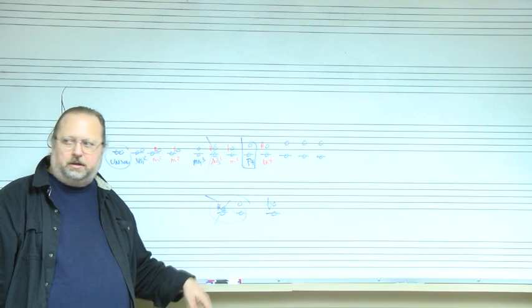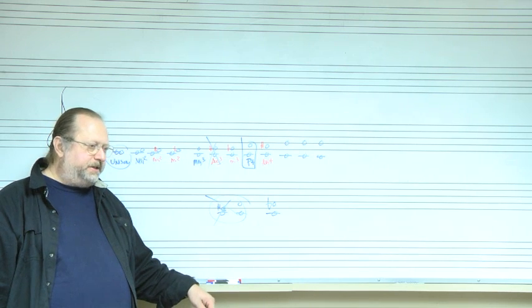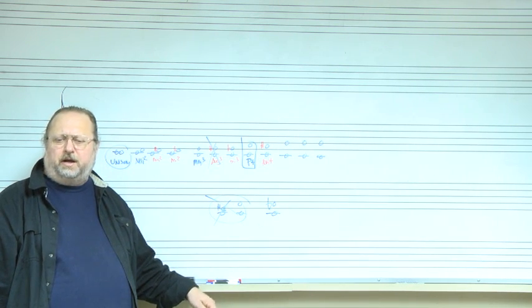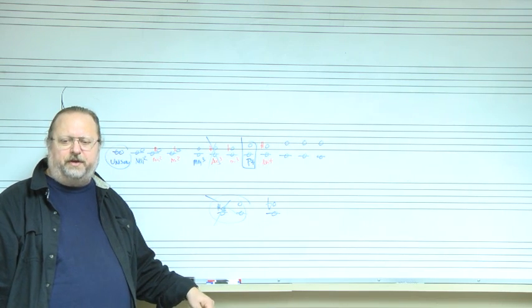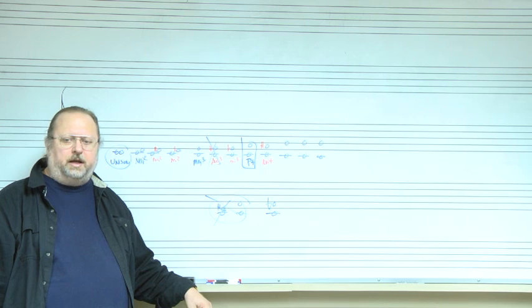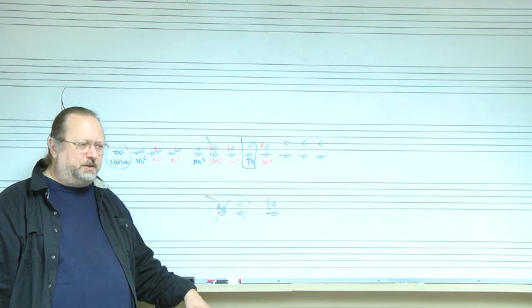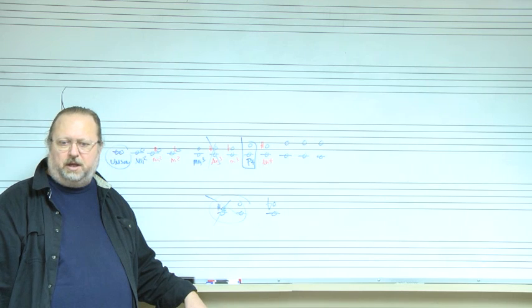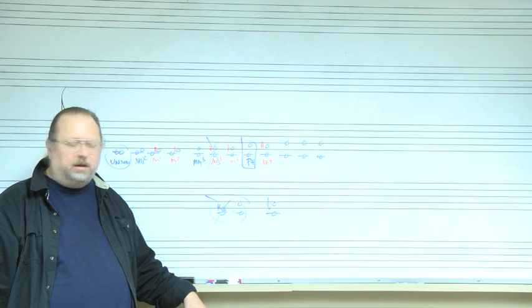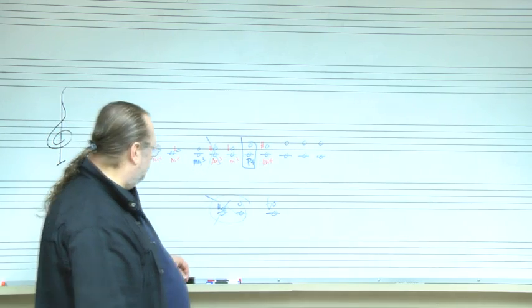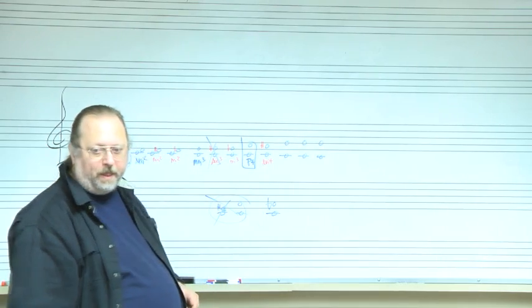You'll find it rarely used in some scores where the composer is very strict about sticking to academic rules. But in practical purposes, a diminished fourth is a very obscure interval that only exists in theory. It's just a major third is all it is. Okay. All right, because the notes are the same.